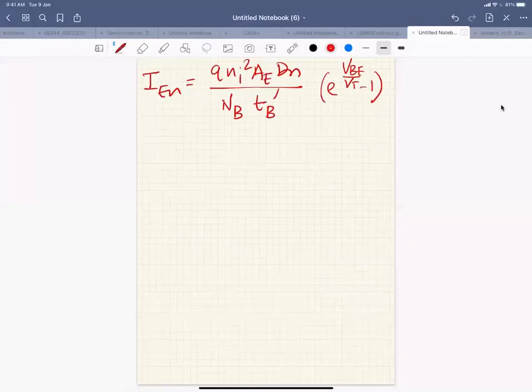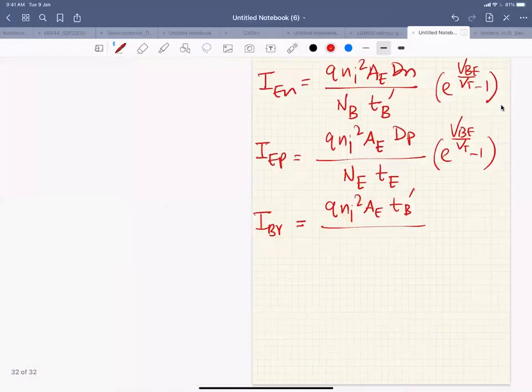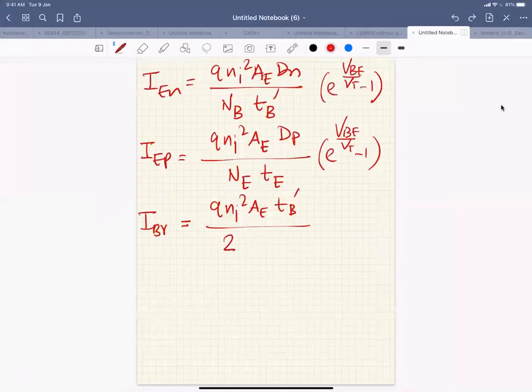This is my IEN. IP is q ni squared A_E D_p over N_E T_E. IBR is q ni squared A_E, T_B dash 2, N_P tau_n.